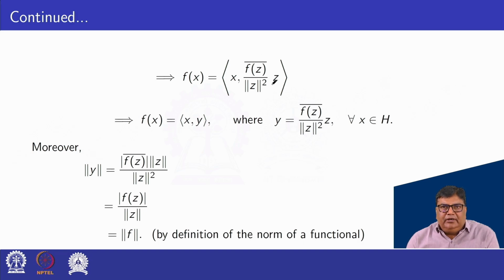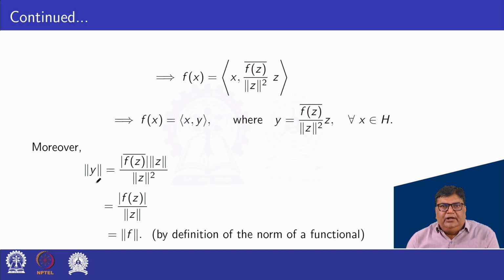We can take the conjugate complex of f(z) upon norm of z square into z as y. So f(x) can be written as inner product of x, y, where y is equal to this one, for all x belonging to H.